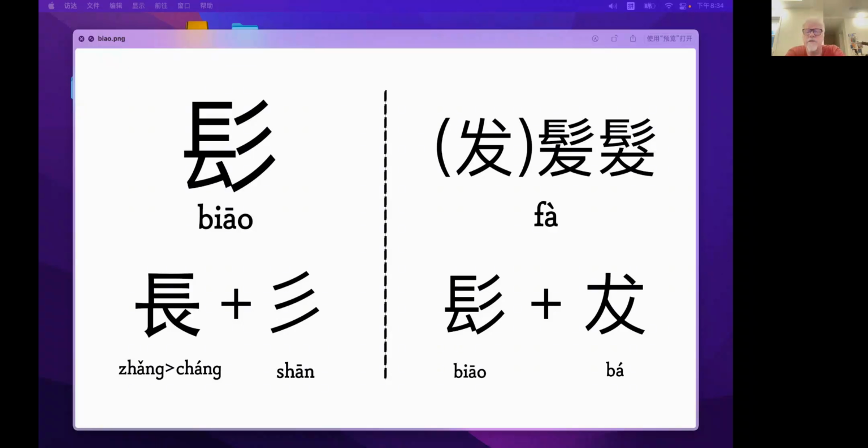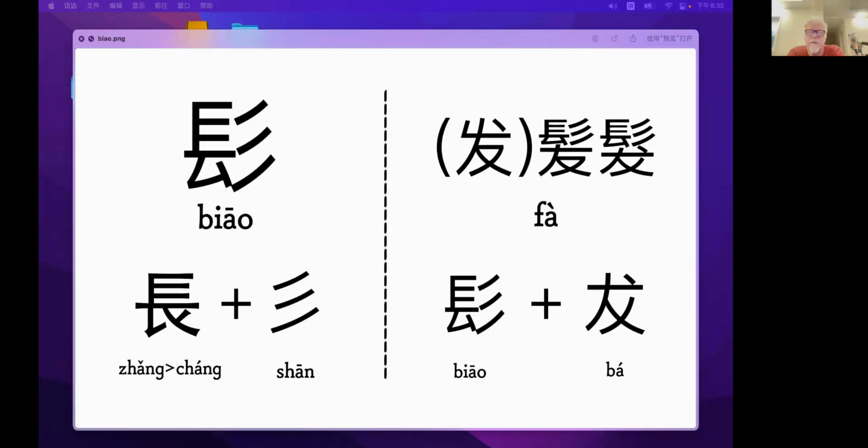So their logic when they made the hair character into the development or the shooting of the arrow was that the two characters were pronounced the same, fa.